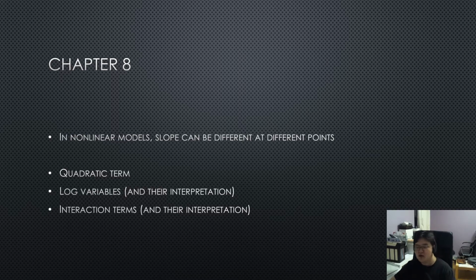If you take logarithm on variables, then interpretation changes a lot. Simply speaking, logarithm can be understood as a kind of percentage. Always log comes with percentage interpretation. So study how you can interpret the results.